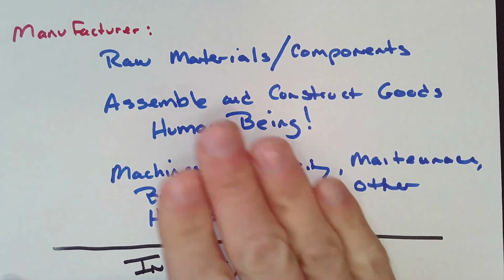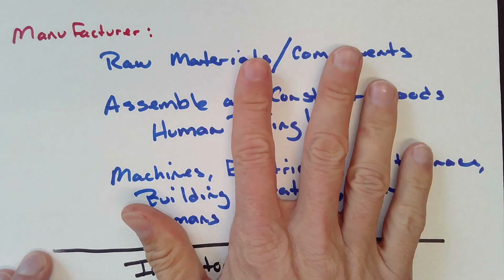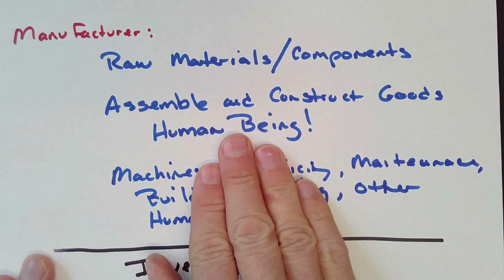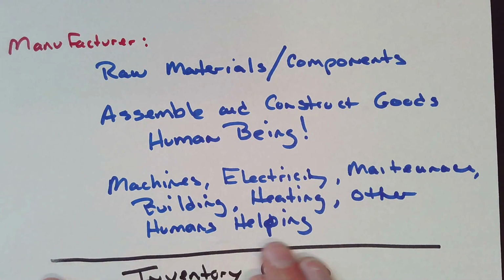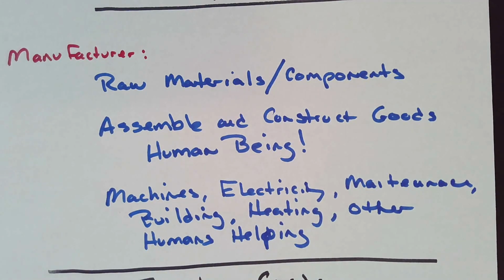And we've got to design and devise how we keep track of all of this, how much raw materials goes into one of these things, how many hours go into the inventory, how much of this goes into the inventory. We got to think about those things.